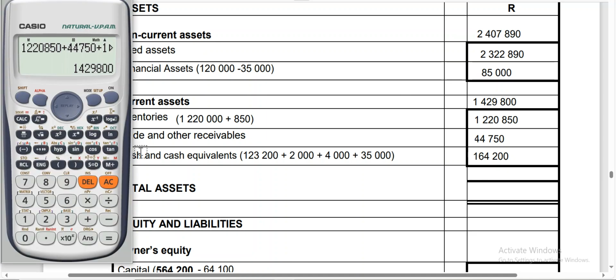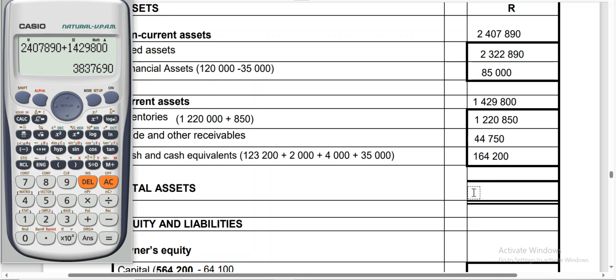So if we say 2,407,890, and then we say plus 1,429,800, what is the amount that we're going to get? We're getting 3,837,690.